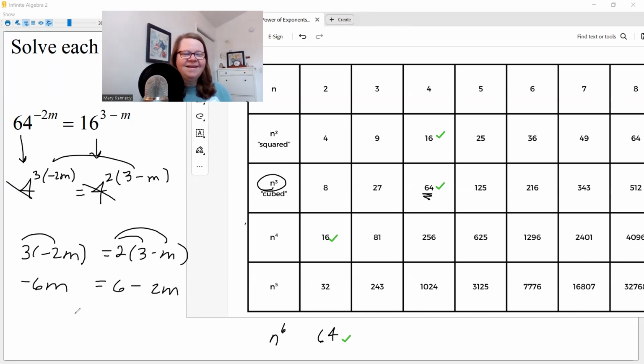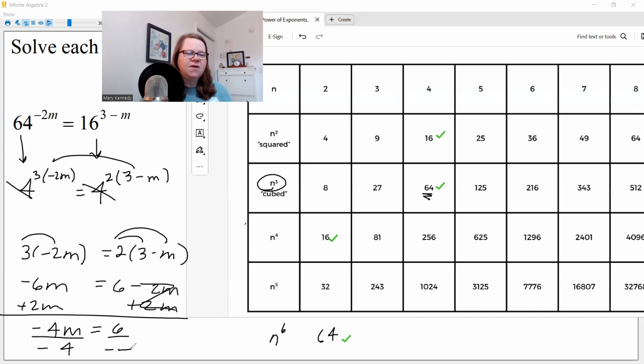Okay, let's move the m's so that they're together. So add 2m to both sides. So negative 6 plus 2 is negative 4m equals 6, and that is 0. Divide by whatever's in front of the variable. So we've got 6 over negative 4.